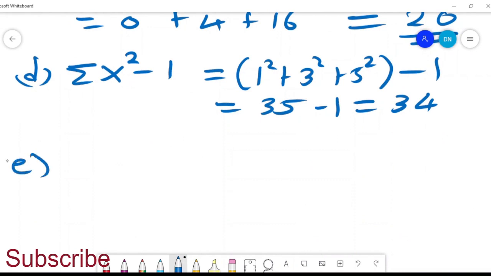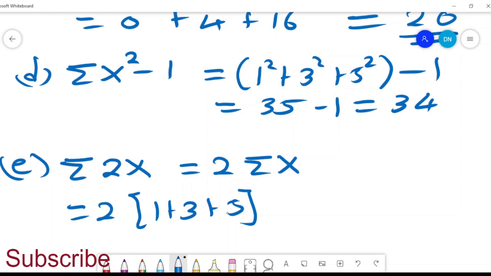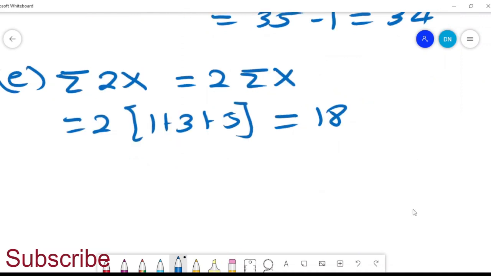I could give you other examples. For example, I tell you to find the summation of 2x. This, I can also write as 2 times the summation of x. What does that mean? It means I can put 2 outside and I just sum x. And this will give me 9 times 2, which is 18. It does not differ if I was to multiply every value.